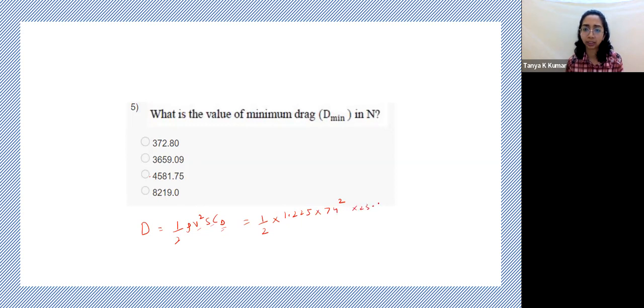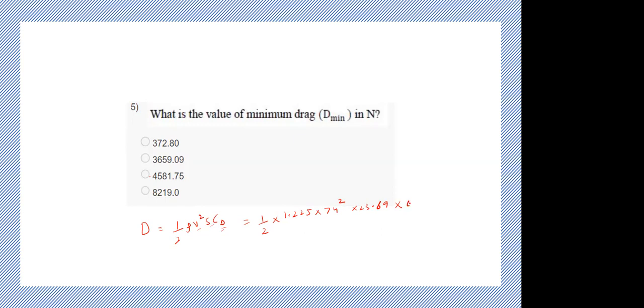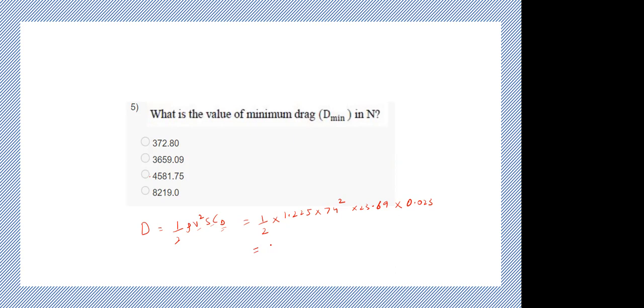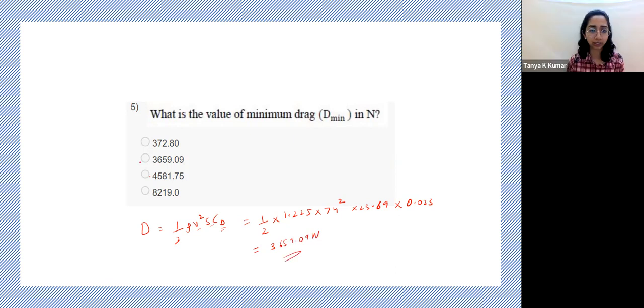S was 23.69. CD was how much? 0.023. Okay. So the final answer, what does it come to? 3,659.09 newtons. Perfect. So that is available, option number 2.